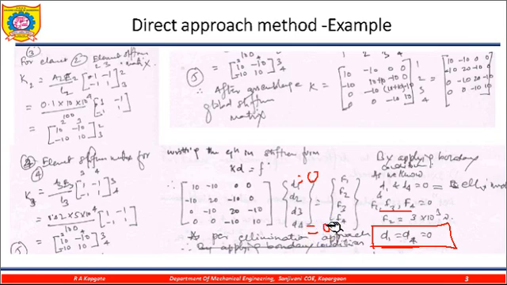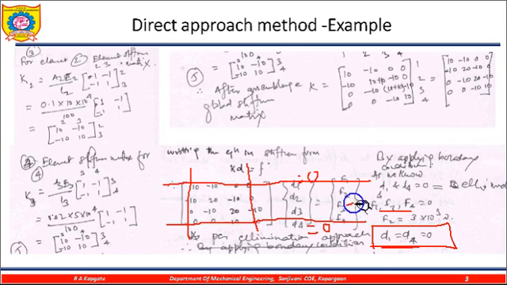Because of this 0, I need to eliminate the first row as well as the fourth row. In the same way, I am cancelling the first column and the fourth column. So what remains? 20, -10, -10, 20, with D2, D3, F2 and F3. Again F3 is equal to 0, while F2 is equal to 3 into 10 to the power 3.